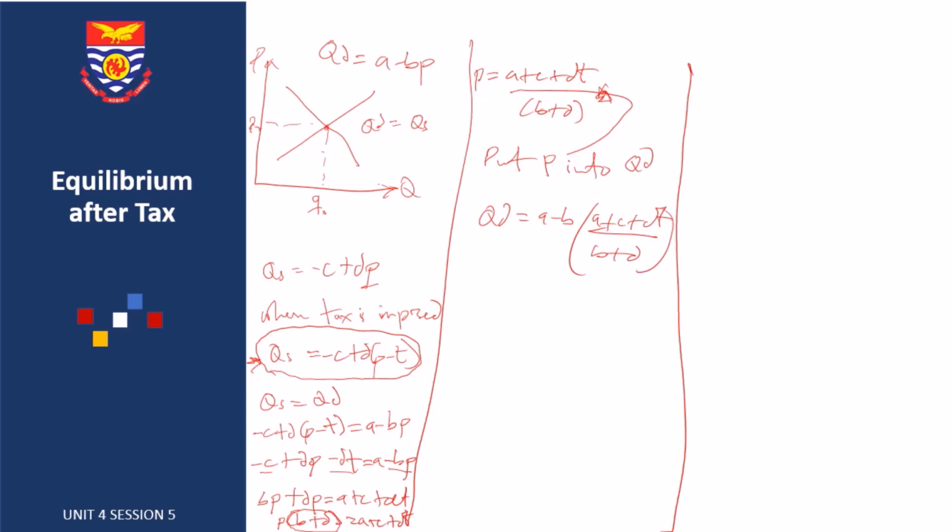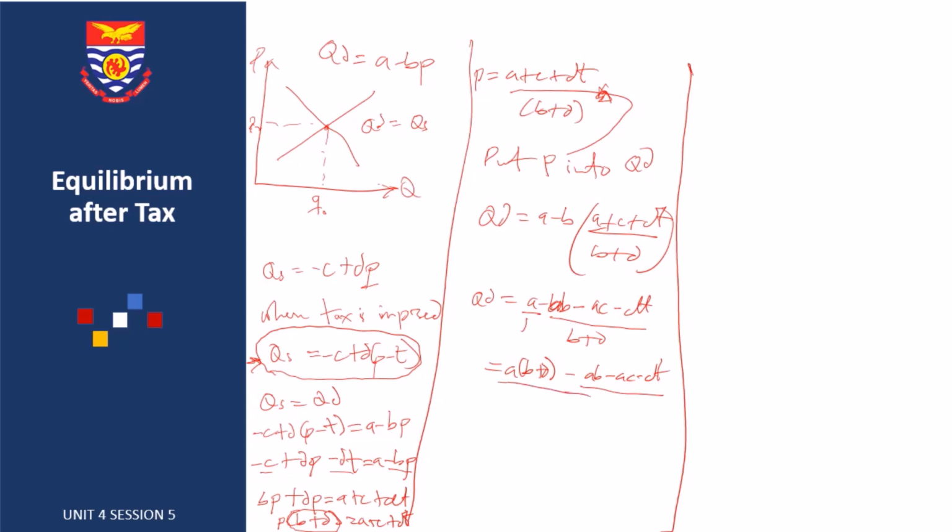So I can expand, and we are going to have A minus AB minus AC minus dT, all over B plus D. This is over 1. So now I can further have A, bracket open, B plus D, minus AB minus AC minus dT, all over B plus D.